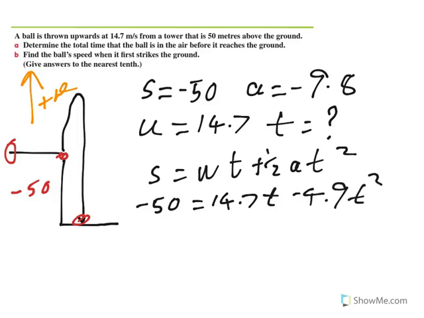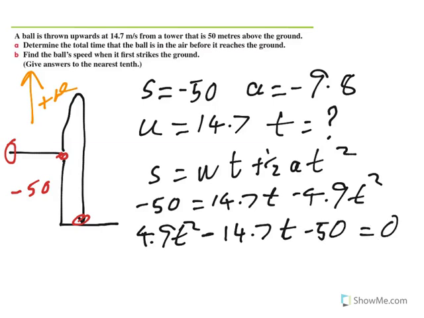Then we get a quadratic: 4.9t squared minus 14.7t minus 50 equals 0. And then you've got to solve a quadratic equation using the quadratic formula or whatever.